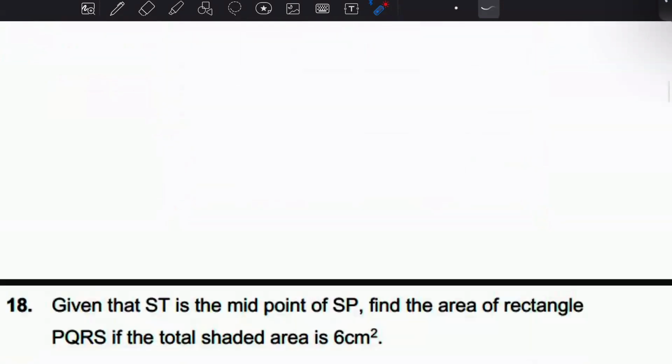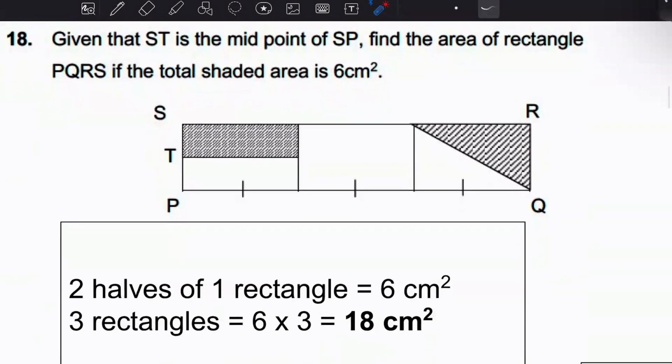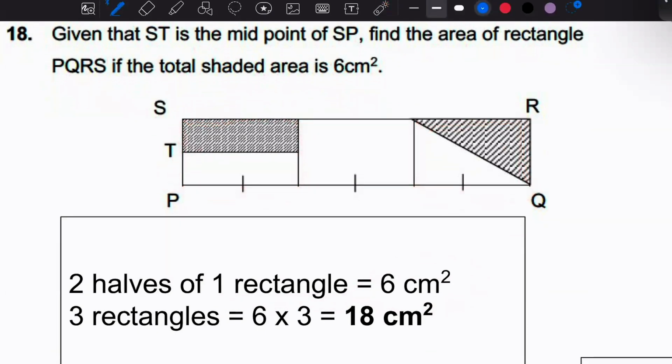So we can say that 2 halves of one rectangle is 6 centimeters squared. Since these two are exactly halves of the same small rectangle, you know that definitely these two areas are the same.